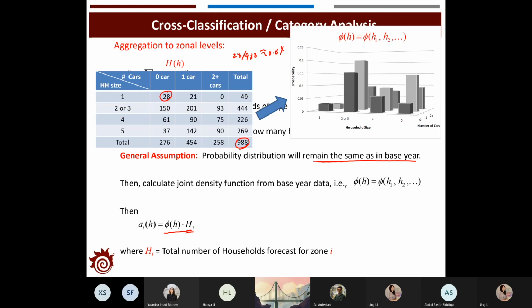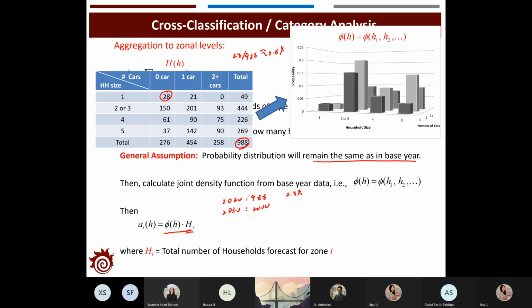For example, in 2020 the population is 988, and in 2030 it increased to 2000. And for cell 1, the percentage is 2.8, and in 2030 it's still 2.8.